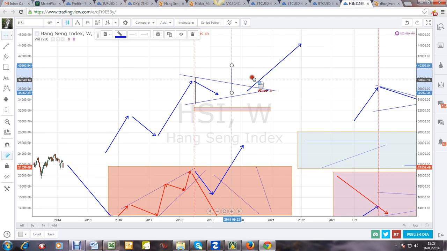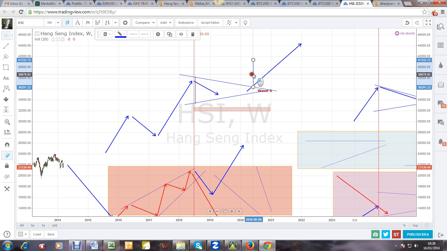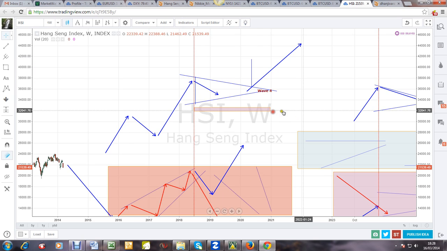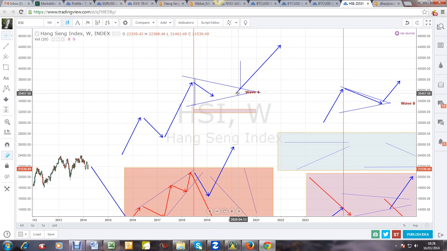Okay, so if I apply that over here, it gives you a potential target. But if the breakout happened within the 2/3 or 80%, then most likely we will exceed this. So this leg could be longer than the actual height of a triangle.